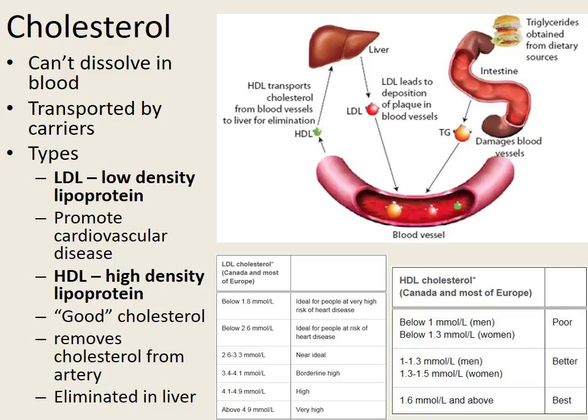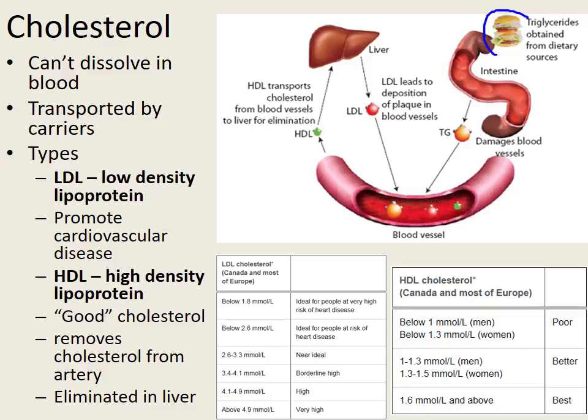Now remember, cholesterol cannot dissolve in the blood. So it's transported by carriers, and these carriers are protein carriers, because proteins can dissolve in the blood. So there's two different types, LDL and HDL. We get a lot of this stuff from our foods that we eat.